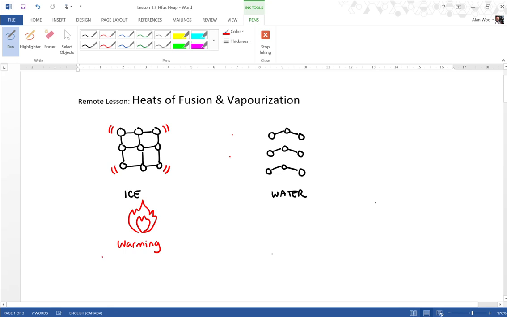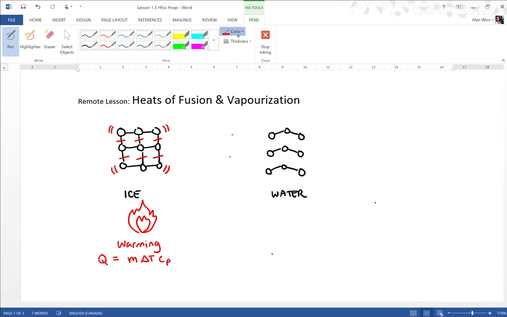Whenever we want to find heat due to warming, it's always our Cp formula: Q equals m delta T Cp. But at some point, if we add just enough heat energy, bonds will start to break. If we broke the bonds that connected those atoms together, you'd end up with water.